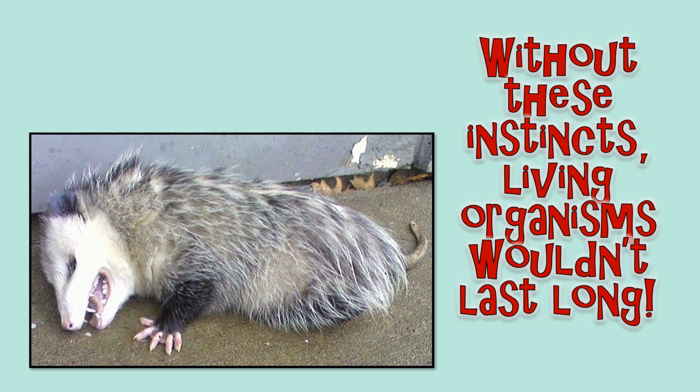Now, other animals have other varied instincts as well. Without instincts, you wouldn't be able to survive very long because these instincts are essential in order for an animal to survive. In this case, we have a possum here playing dead.